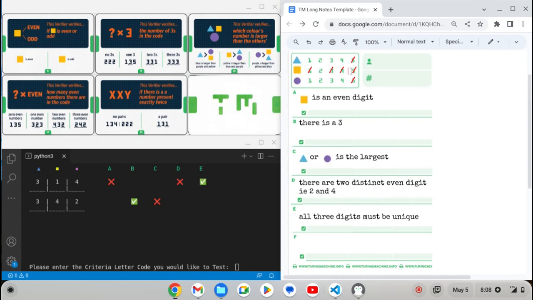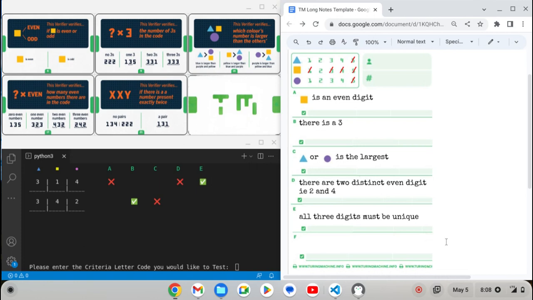And again, we're looking for another 4, which would make the largest a 4. So either triangle or circle is a 4, and it's a 50-50 flip. There's no other clue I can think of that will help us determine that. By default, the other digit is going to be a 3.